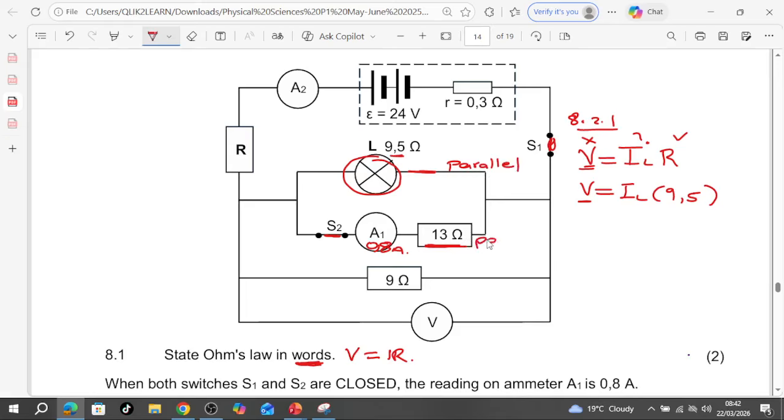Since they are connected in parallel, what do we know about a parallel circuit? The voltage V is the same across each branch.